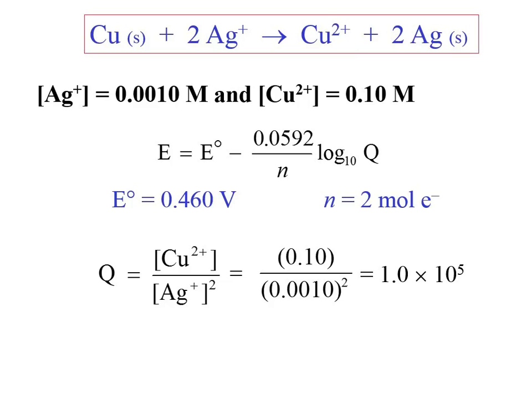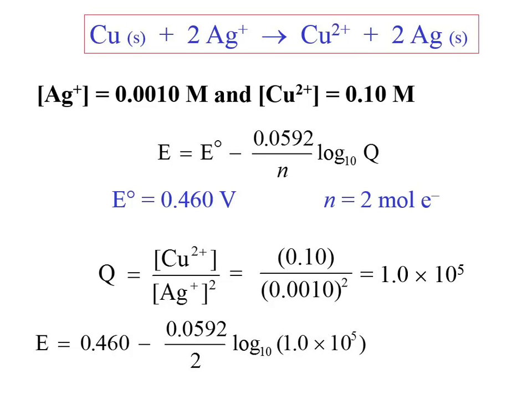So our Nernst equation at these molar concentrations is still 0.460, that's your standard cell potential, minus 0.0592 divided by 2, that's the same, times log base 10 of 1.0 times 10 to the 5th.